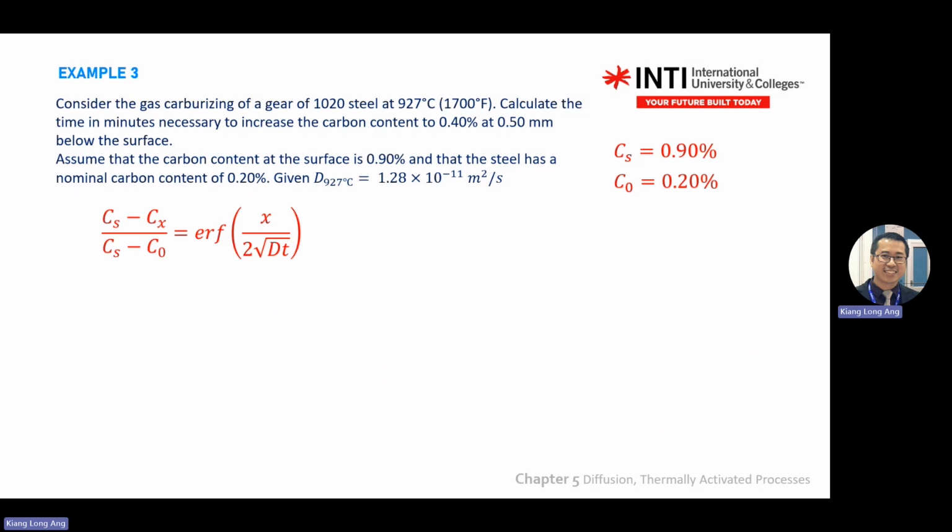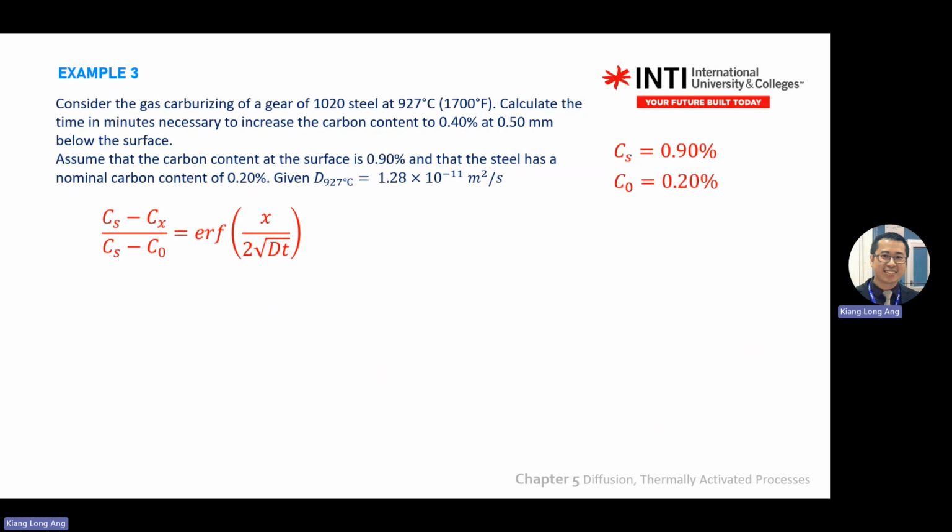So it asks you to find the time for the carbon content of 0.2 to reach 0.4 at a certain distance, 0.5 mm. So you plug into the equation.